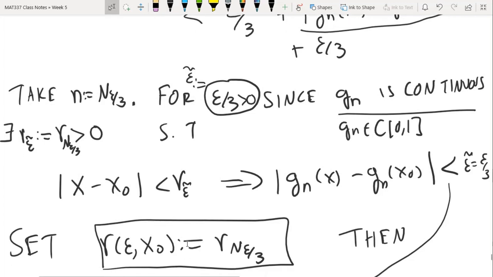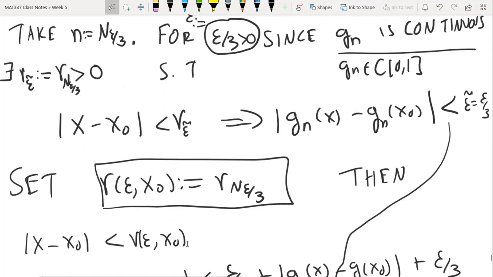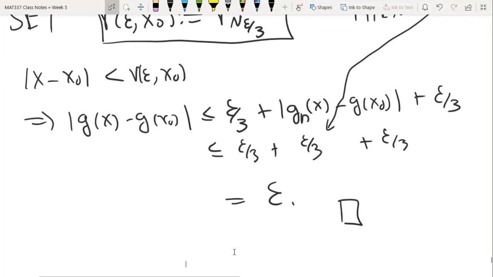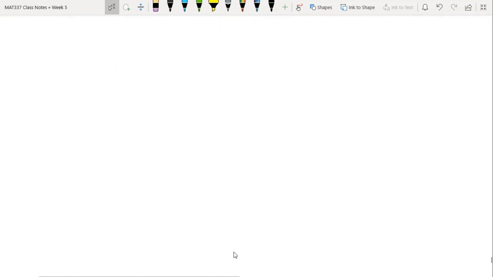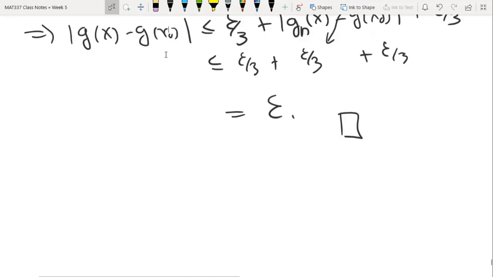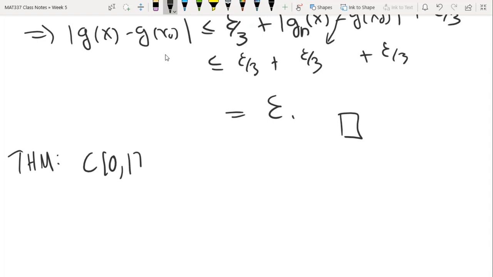Finishing up, I think I have a few minutes, so I can do a little bit more. Yeah. So now let's prove completeness of C[0,1]. Okay, first let me define something, sorry.